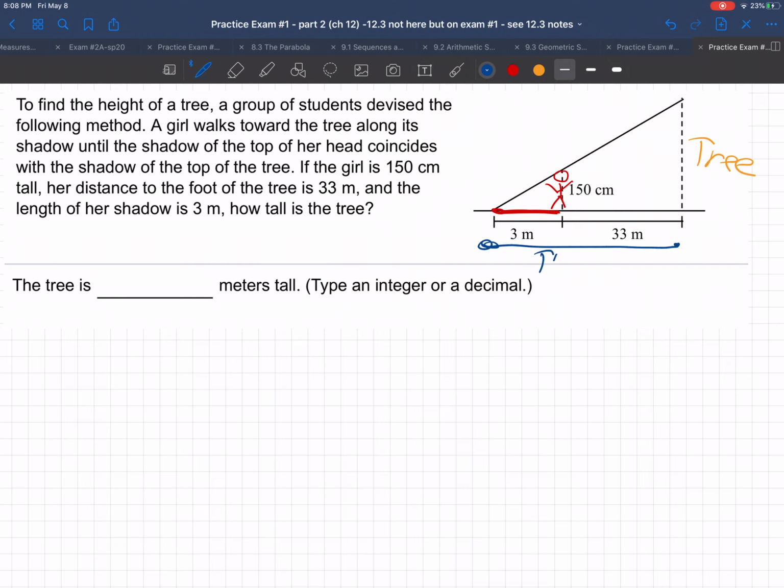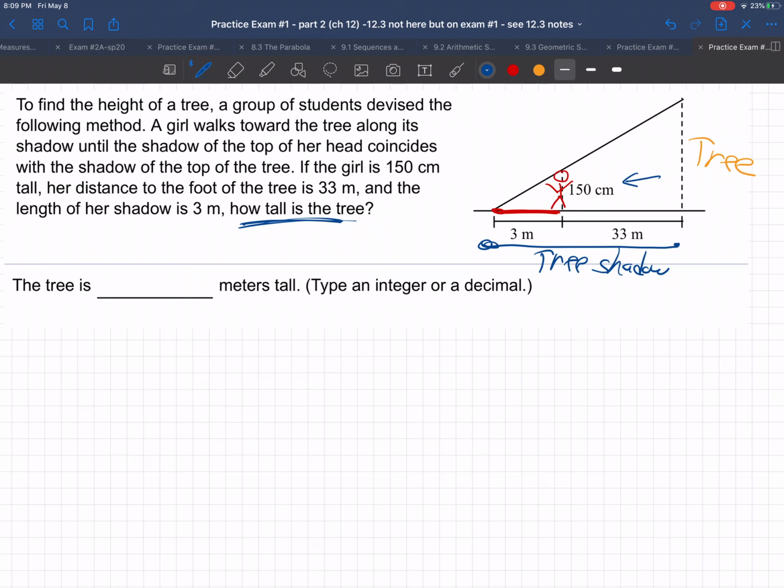Oh, that's the tree's shadow. Right? So she started back over here and walked this way until the tip of her shadow matched the tip of the shadow of the tree. So there we go. Now, they want us to figure out how tall is the tree.